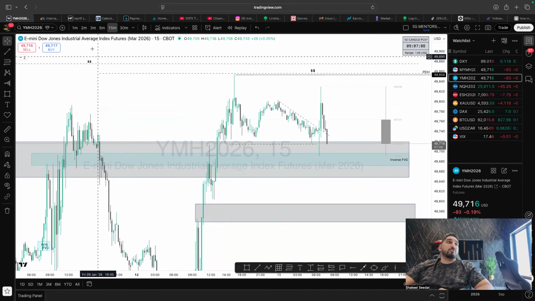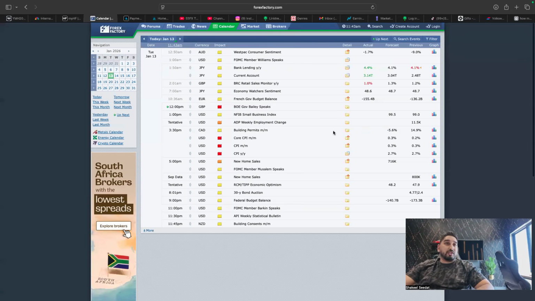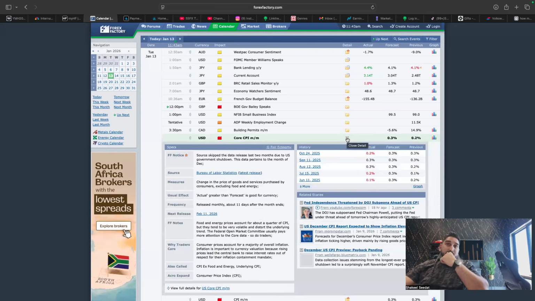When it comes to the fundamental side of things, if you look at what we're expecting, it's a bit of a mix here between the core CPI and the CPI, right? So core CPI is 0.3, so they expect it to come in higher than forecast, right? So this would not be positive for us. This should be a negative reaction.